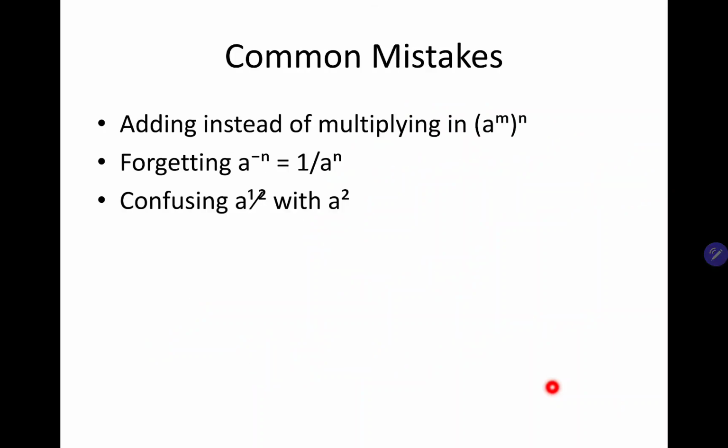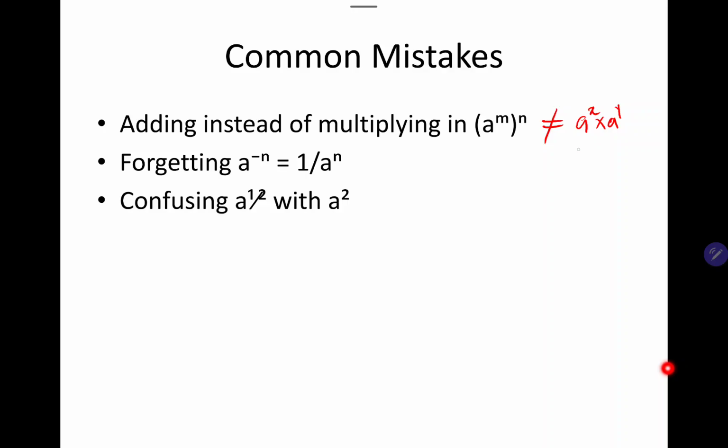Then we'll look at the common mistakes people make. Adding instead of multiplying in this law of indices. Remember, this is not addition. When you have a raised to an index, multiplied by another index, you have to multiply. It is different from a raised to power x times a raised to power y.